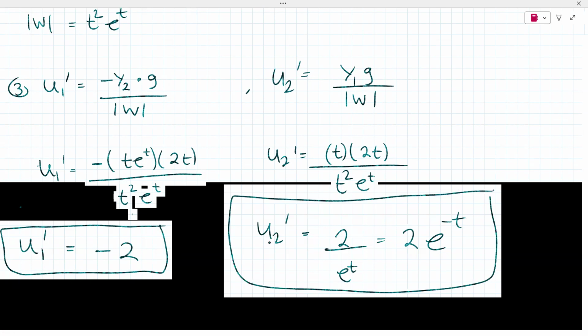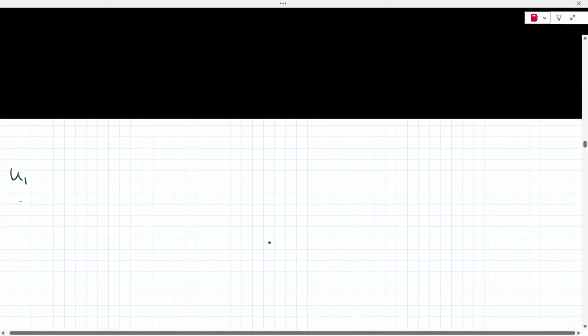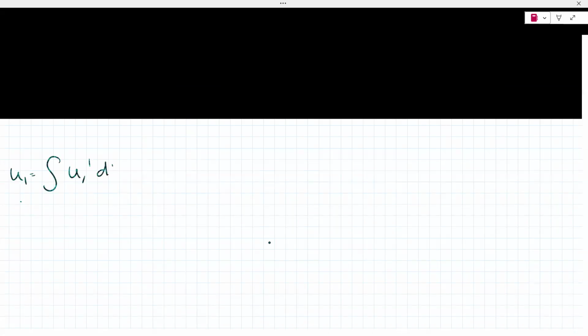Now let's find our u1 and our u2 by taking the integral of those answers. So my u1 is the integral of u1 prime dt, and my u2 is the integral of u2 prime dt.